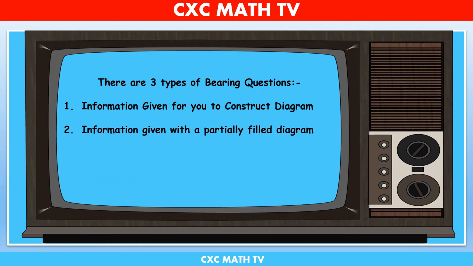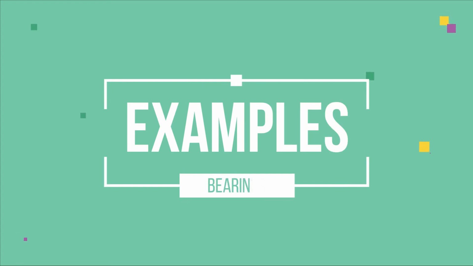And number three, information is given to you with a diagram and it is completely labeled, meaning all the information given is on the diagram for you to solve the question. So let's look at an example of each of these three different types.